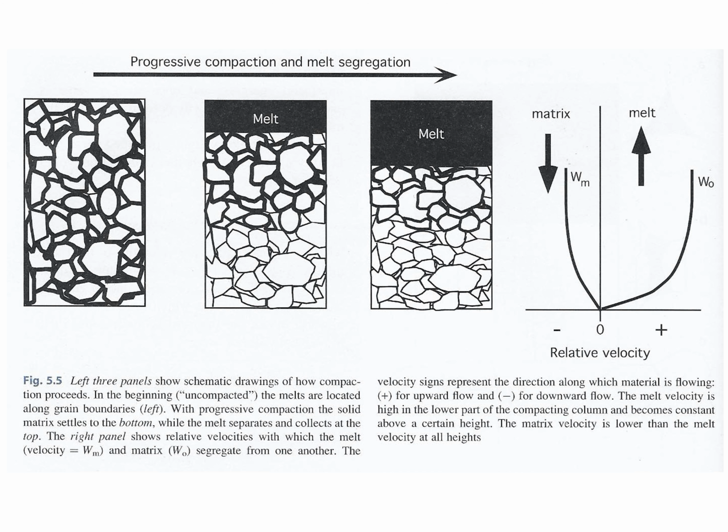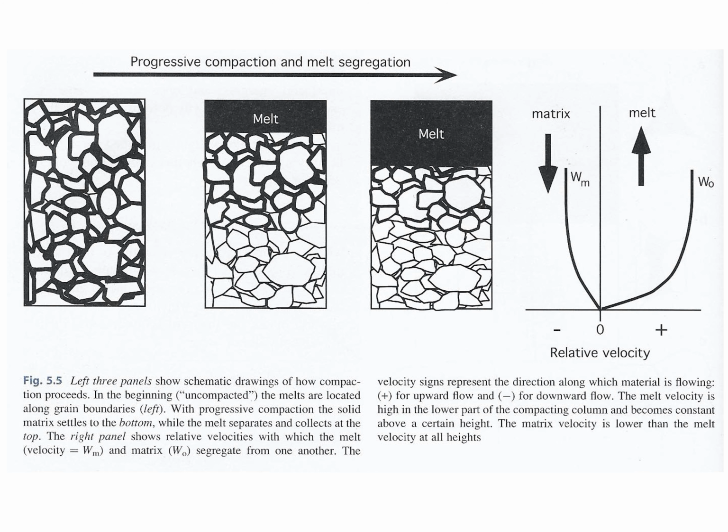Plus means upward flow, that is, the melt will flow upward, and the matrix goes downward. And minus is for downward flow.